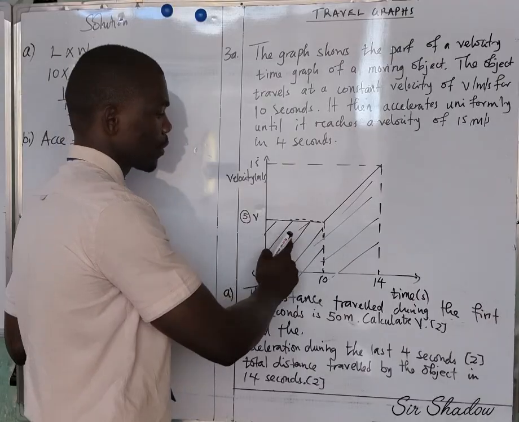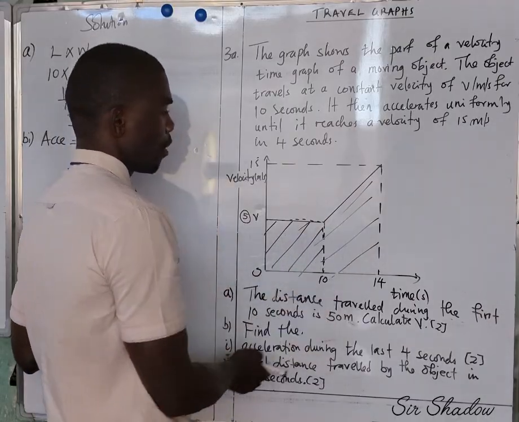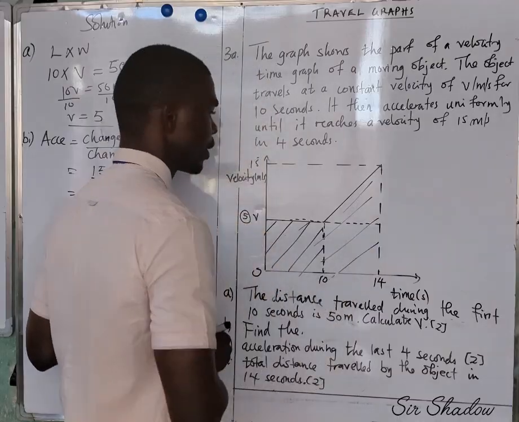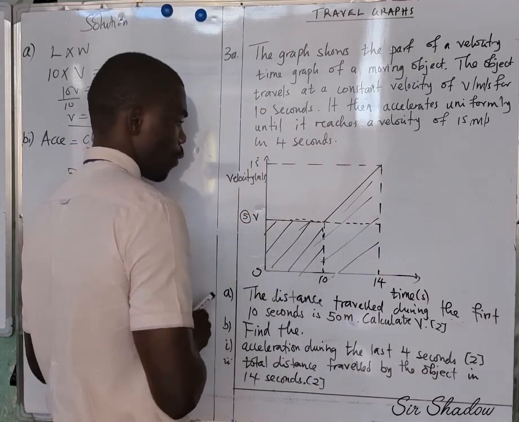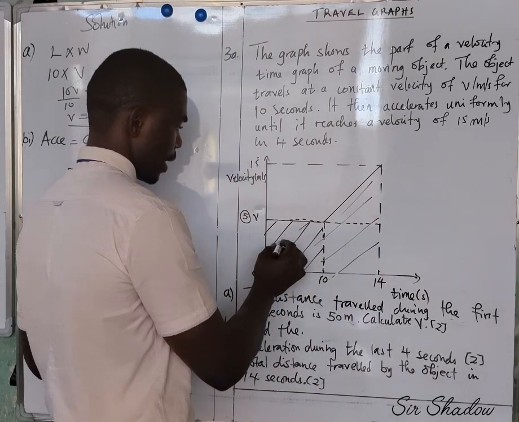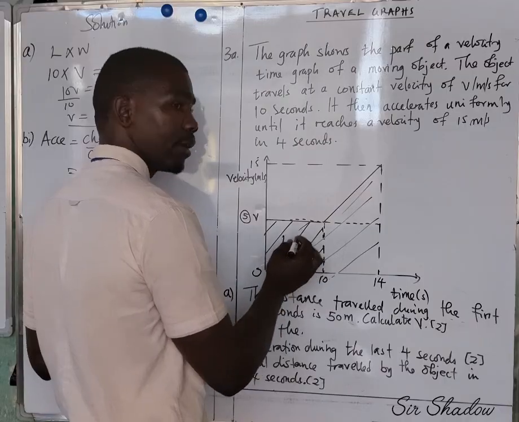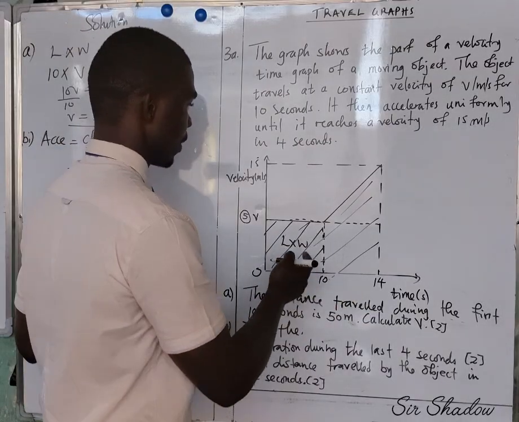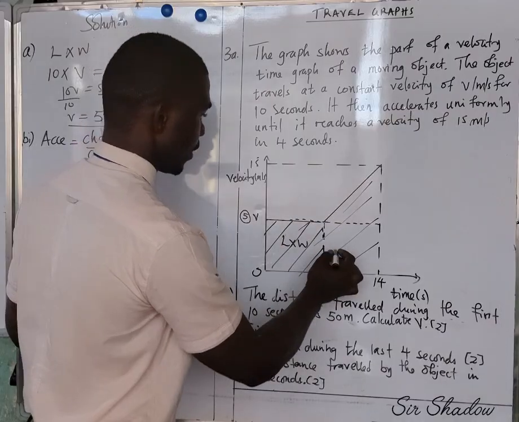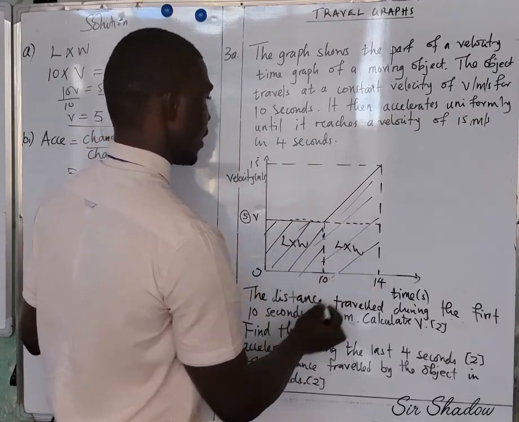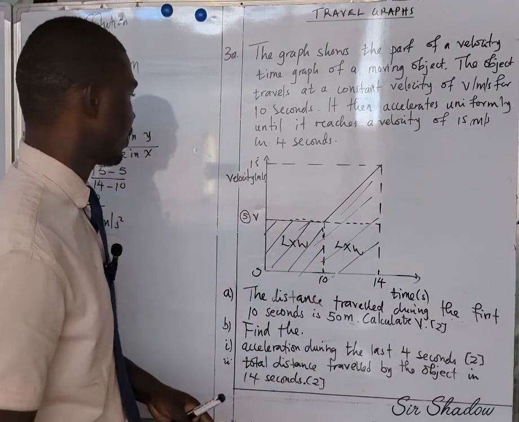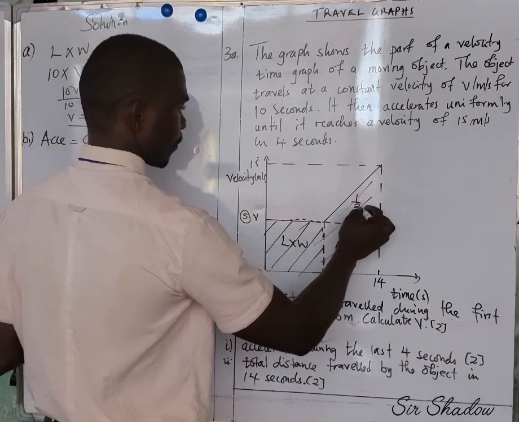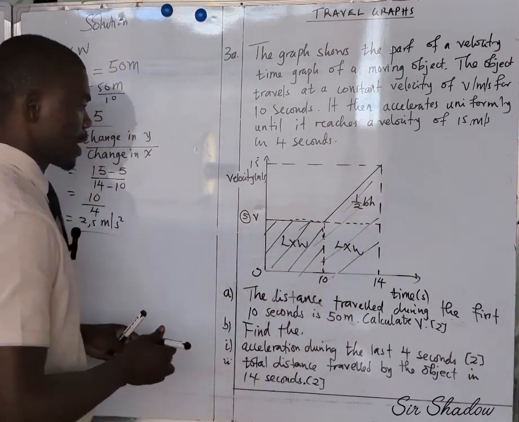Area of a rectangle plus area of a trapezium, or I can just divide here to form area of a rectangle, length times width. Then now I have 14 minus this one, I have 4. Then from this 10, also length times width. Then area for the upper shape, which is half BH, half base times height.